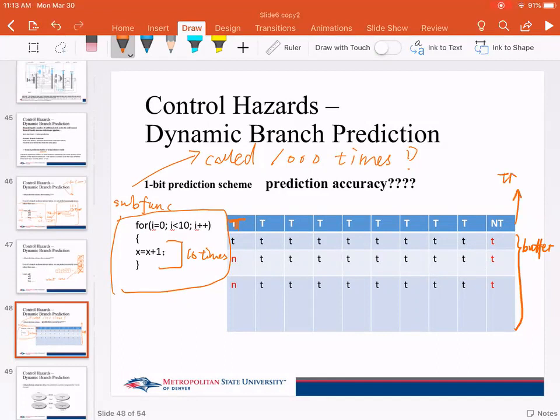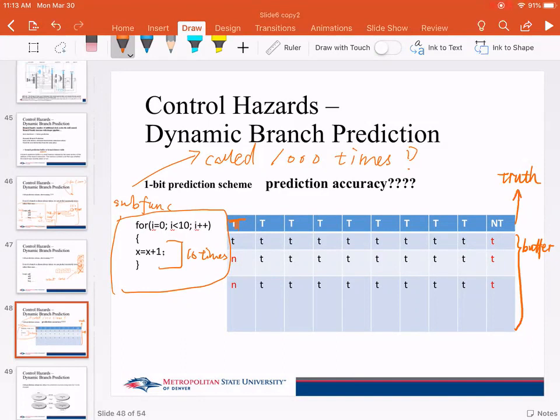In reality, whether the branch is taken or not, the branch should be taken 9 times, and the last time the branch is not taken because your for loop gets finished.